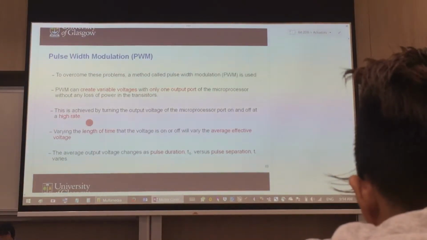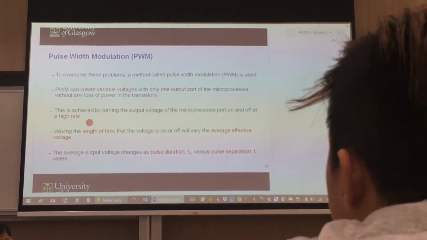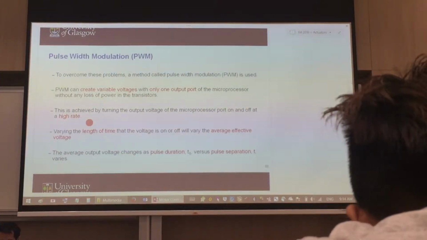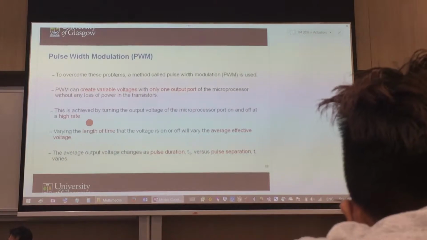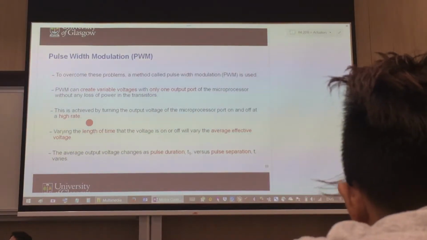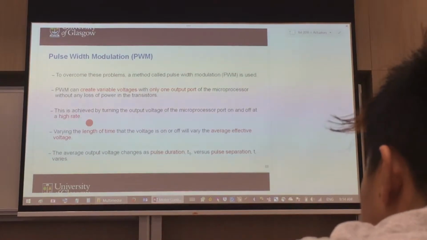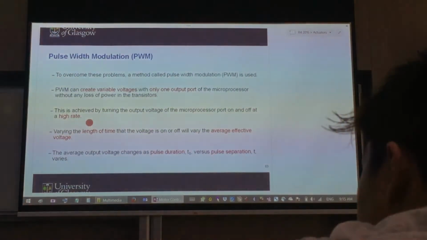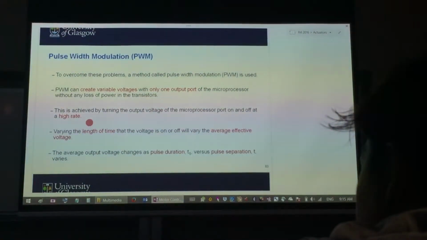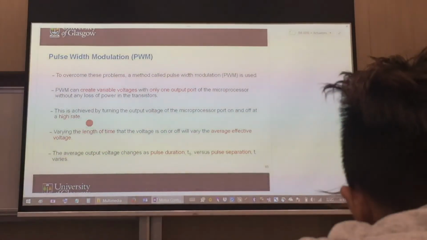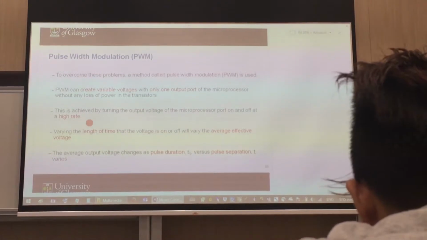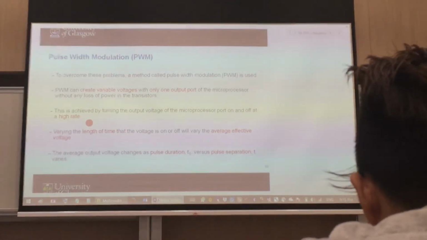So there are some definitions behind PWM. I think the easiest way for me to demonstrate PWM is to control this light. It's off. It is on. I have a 50% duty cycle.